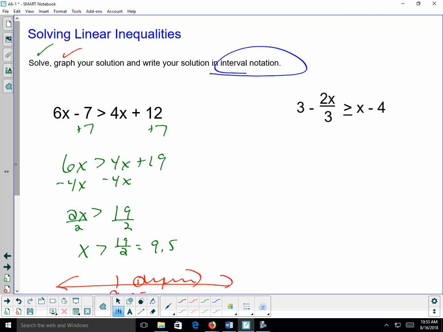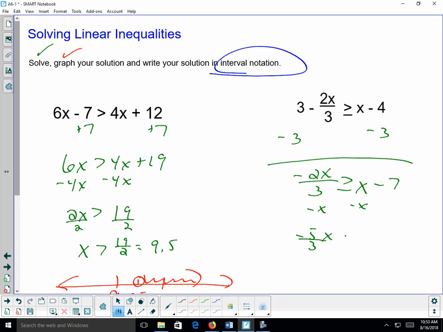Okay, the next one has a fraction that should not bother me at all. I'm going to solve. Let's keep the colors the same. So I'm going to subtract 3 from both sides, I think. We have negative 2x, 2/3 x is greater than or equal to x minus 7. Now I'm going to subtract x from both sides. When I subtract x, I'm going to have negative 5/3 x is greater than or equal to negative 7.